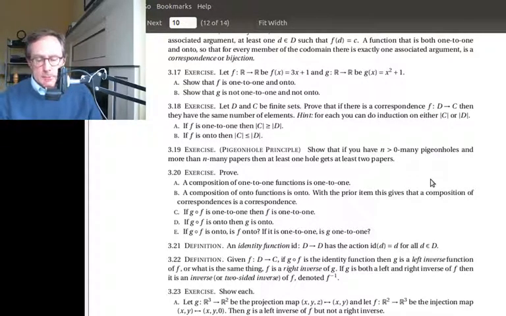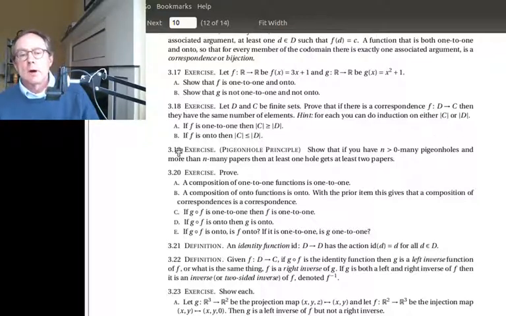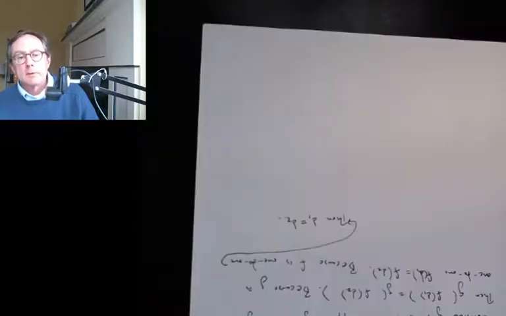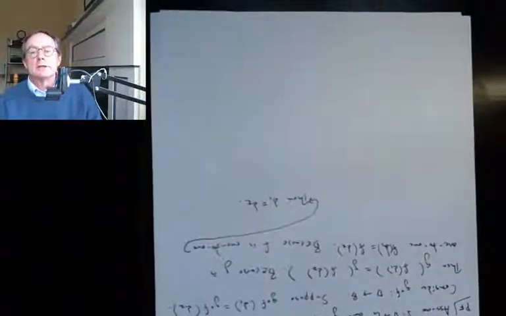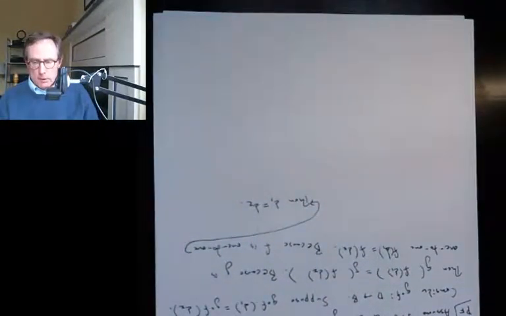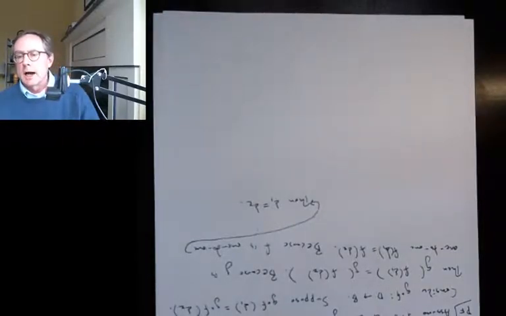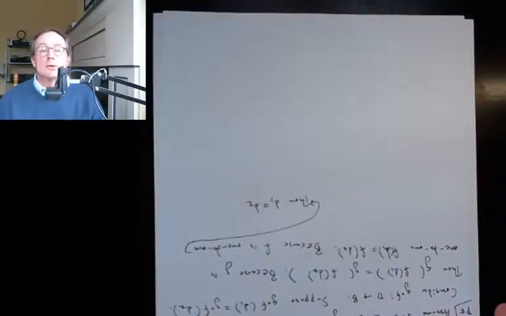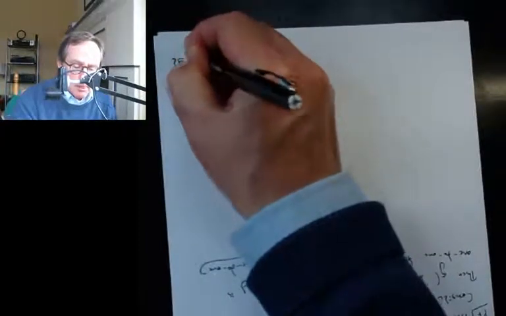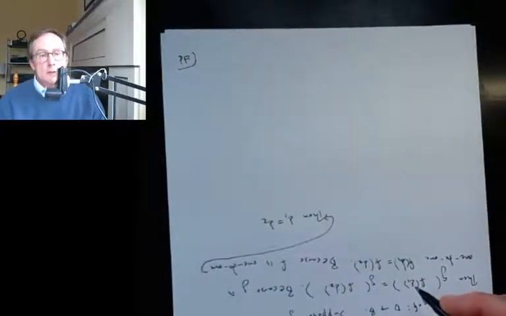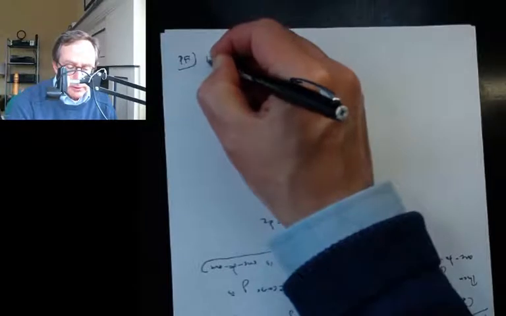I'll just turn the paper upside down. I'm supposed to assume that G circle F is one-to-one, and go on to prove that F is one-to-one.